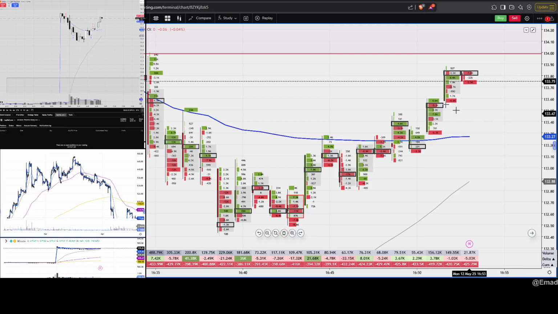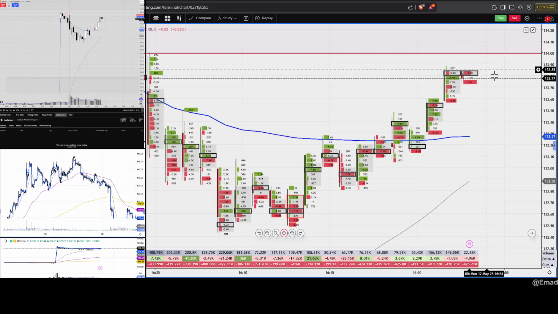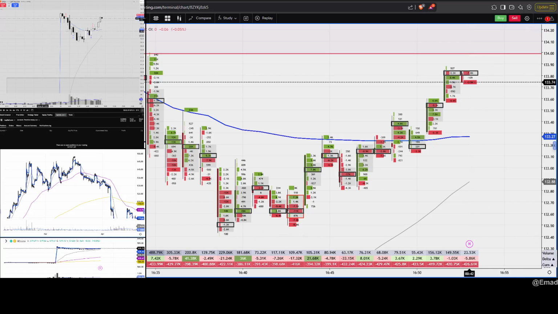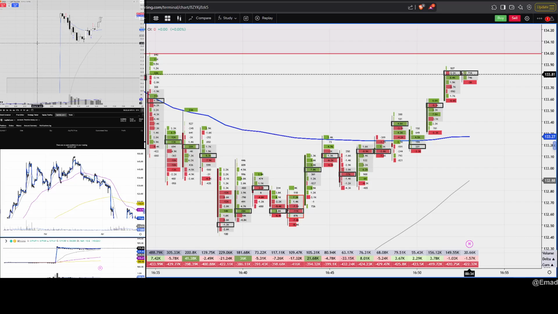Some seller absorption, some buyer absorption, some seller aggression, and I'll go short actually. Let's go 30. Trying to play it safe, but the stock is slowly beginning to make no sense to me.